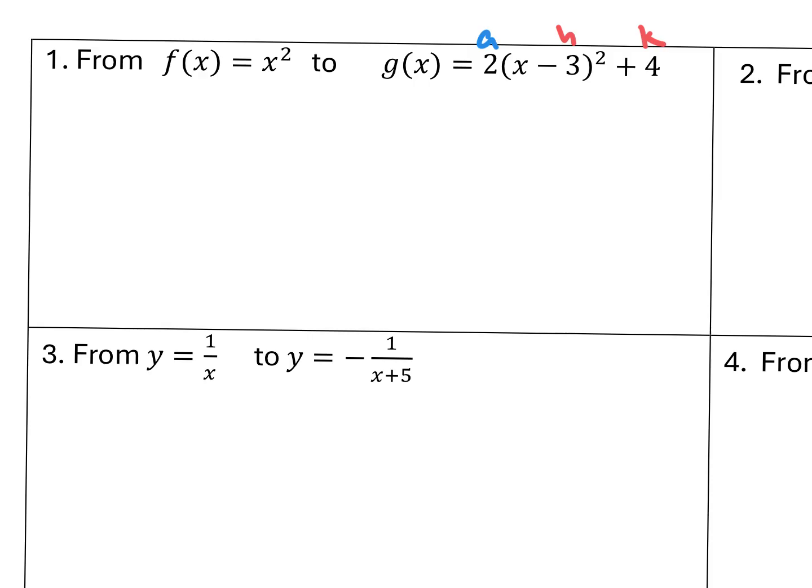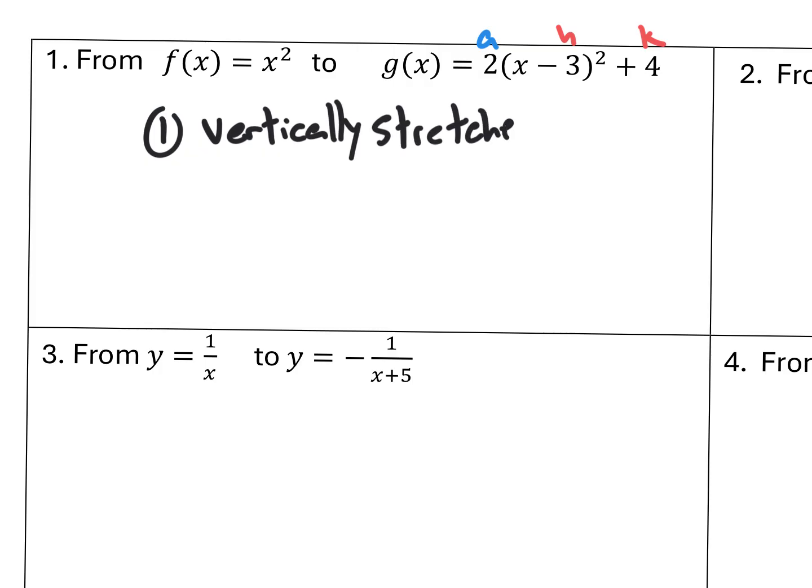So on this one, you would say, what's the first thing that happens? It gets vertically stretched by 2. If it would have been a negative 2, I would start by saying it gets reflected over the x-axis, then it gets vertically stretched by 2. But it's a positive 2, so there is no reflection. I just say it gets vertically stretched by 2.